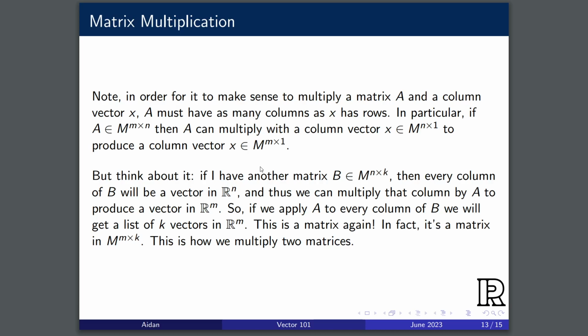Okay, so now we have a list of vectors. Well, each of those vectors will be a column vector with n rows, so it'll be a length n column vector. We know how to multiply a matrix A that has n columns with a length n column vector.